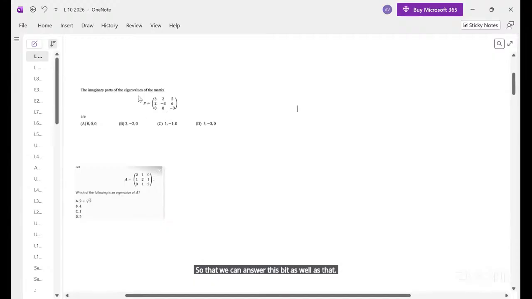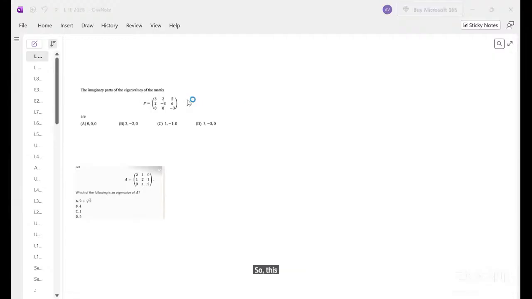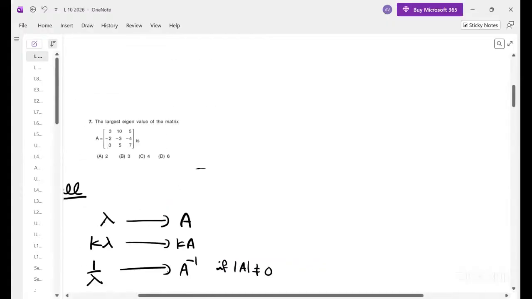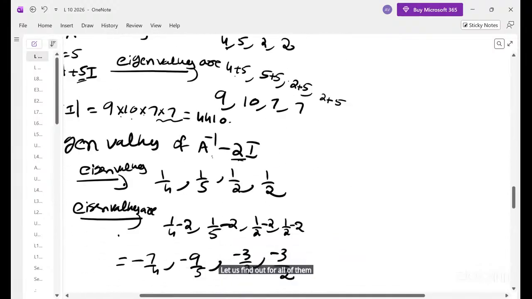Okay. So I'll try to select this. Only matrix, I want only matrix. So this matrix also we will take up. Let us find out for all of them what are the eigenvalues.